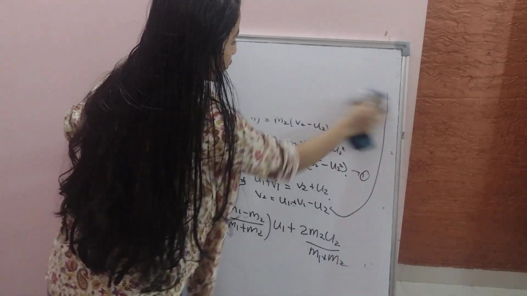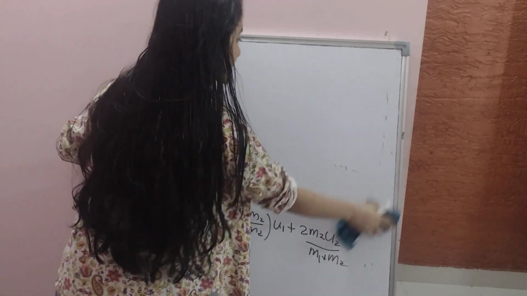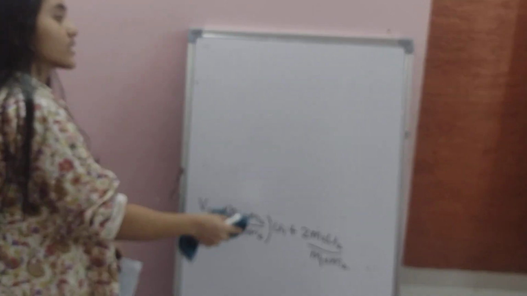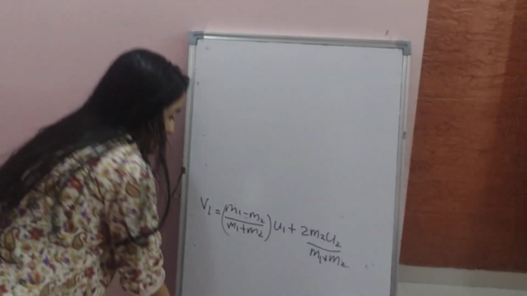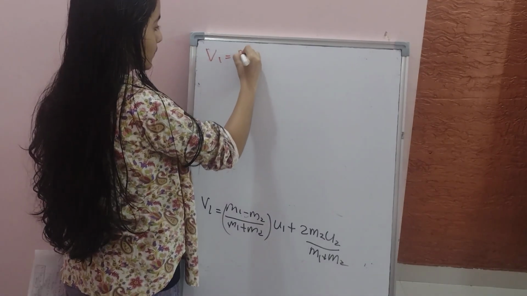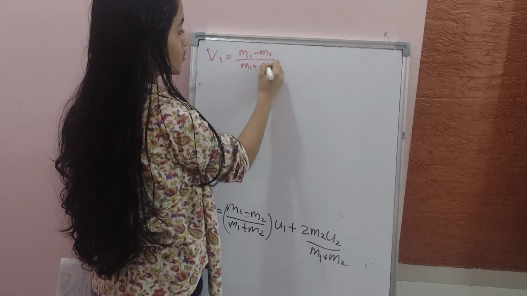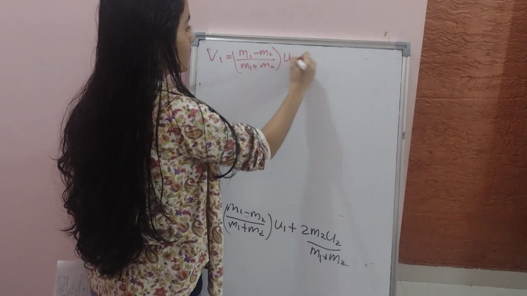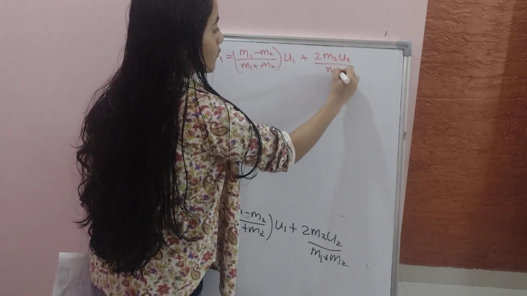Now, you only need to learn this one value by heart, because during entrance examinations we do not get the time to solve these long equations. So v1 is equal to m1 minus m2 by m1 plus m2 into u1 plus 2m2 u2 by m1 plus m2.